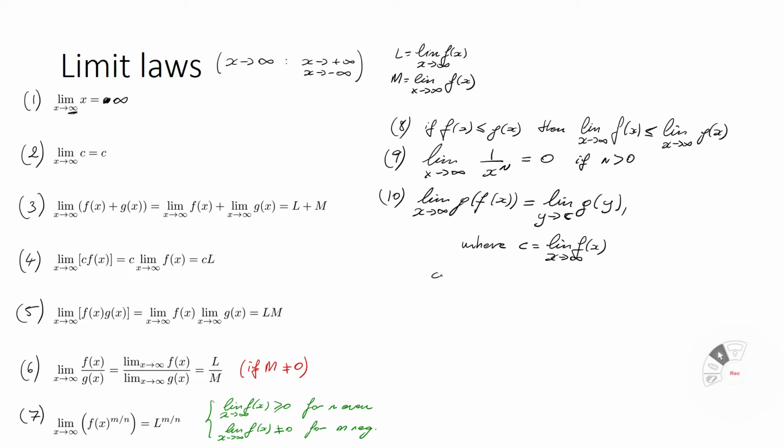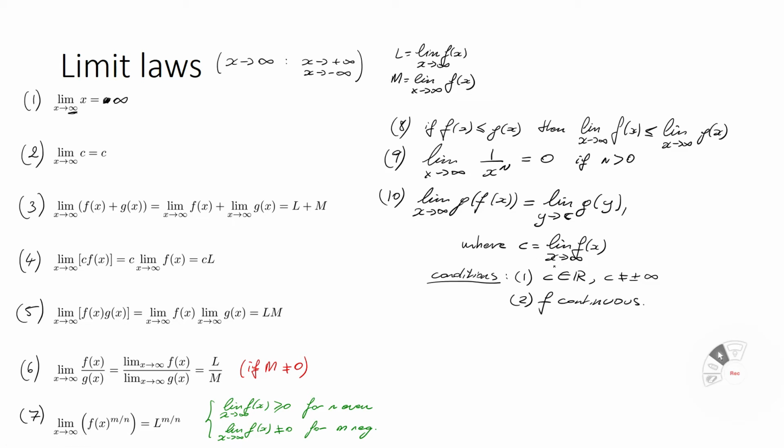And here there are two conditions to keep in mind. The first is that c should be a real number, not plus or minus infinity. And the second one is that the function g should be continuous.